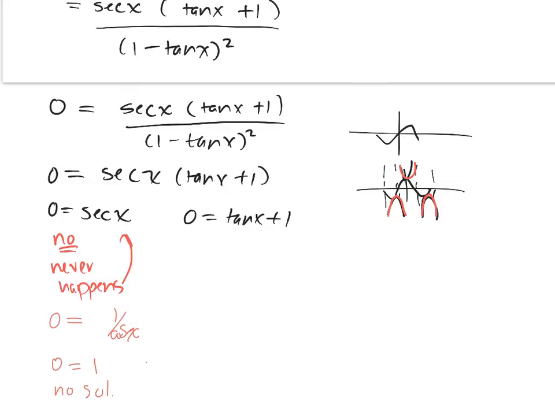Can you solve 0 equals tan x plus 1 though? Are there going to be solutions for that? Tan x equals negative 1. And that means sine and cosine have opposite signs, but they're otherwise the same number, right? So is that at pi quarters? Nope.